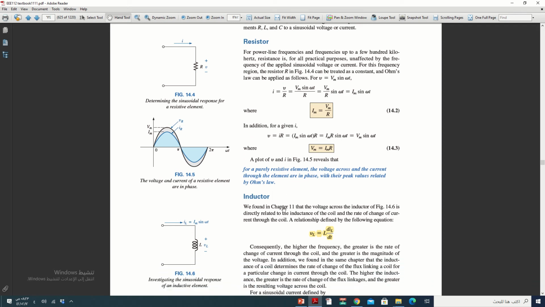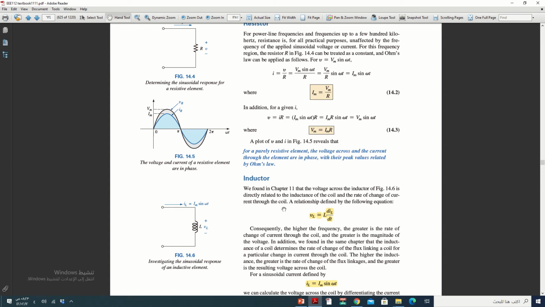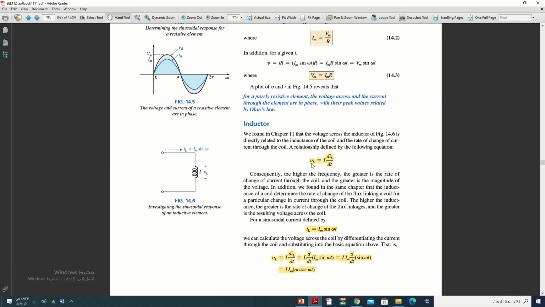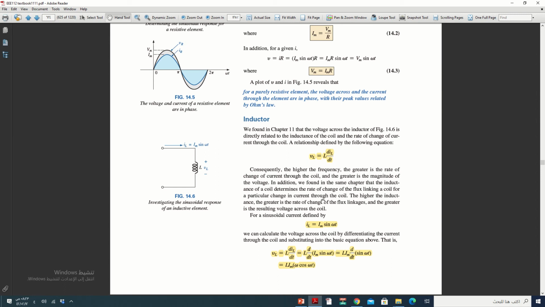Let us talk now about the inductor. We know in electrical circuits that to find the voltage in the inductor, since there is a variable current, we take the derivative of the current and multiply by the inductance L. We know IL is given, for example, as Im sine omega t.